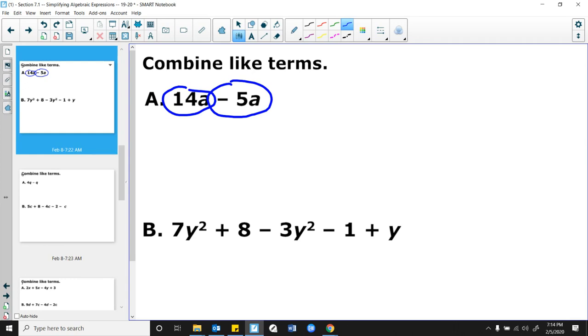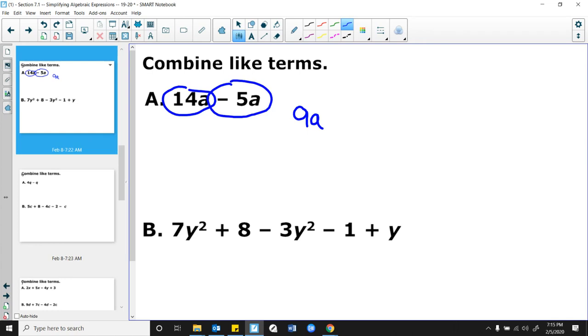If I circle both of those, I can combine those. 14a minus 5a, you better not need your calculator for that. 14a minus 5a, we're going to get 9a. Those have been simplified. I've combined the like terms.